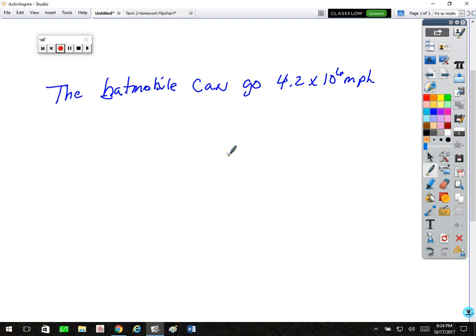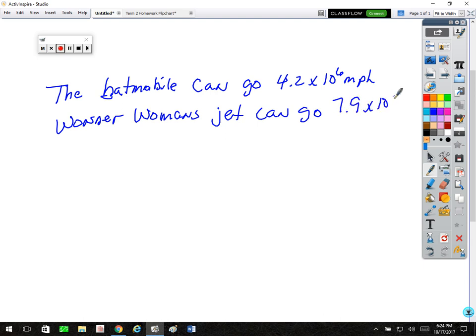That's pretty fast, isn't it? Okay. Wonder Woman's invisible jet can fly 7.9 times 10 to the 9th power.